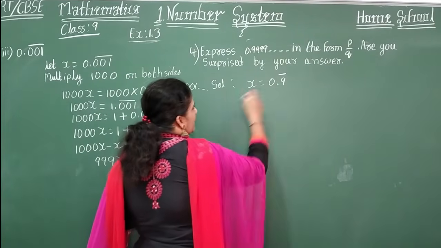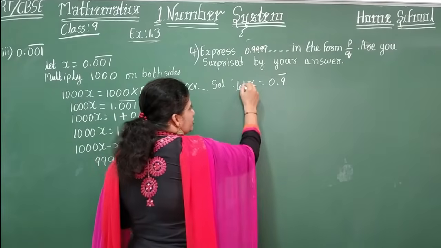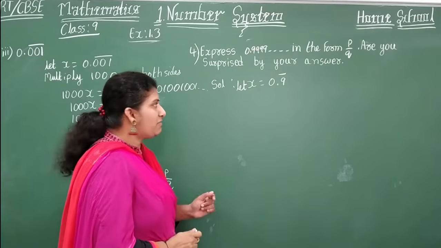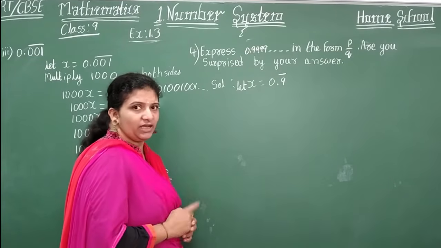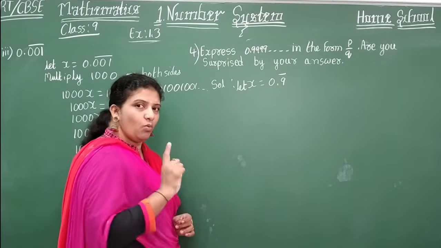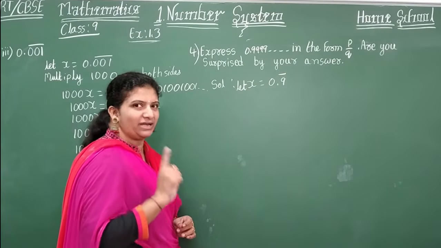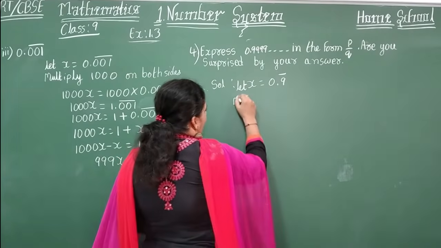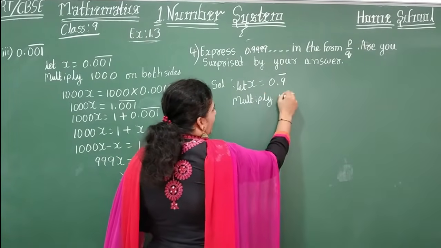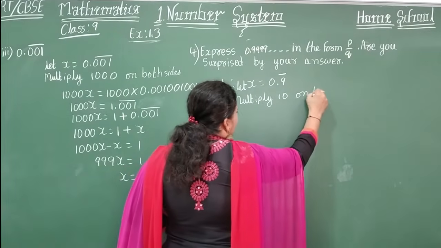Then whether we are surprising or not, we are going to see. So now let us assume x is equal to 0.9 bar. Same manner, children, how many digits are repeating? One digit, right? So how much you need to multiply for this? One digit means 1 0. That makes 10. So now multiply 10 on both sides.